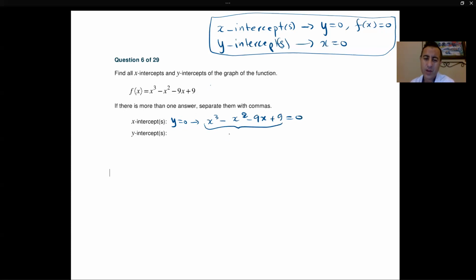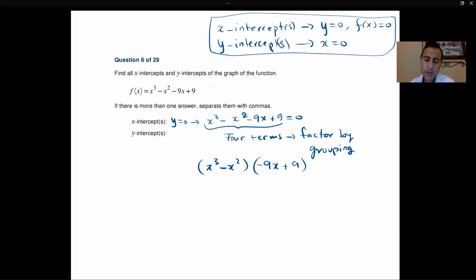And we said if you have 4 terms, then you can do factor by grouping, which means you're going to take these first 2 terms and group them, and 9x plus 9, grouping them.